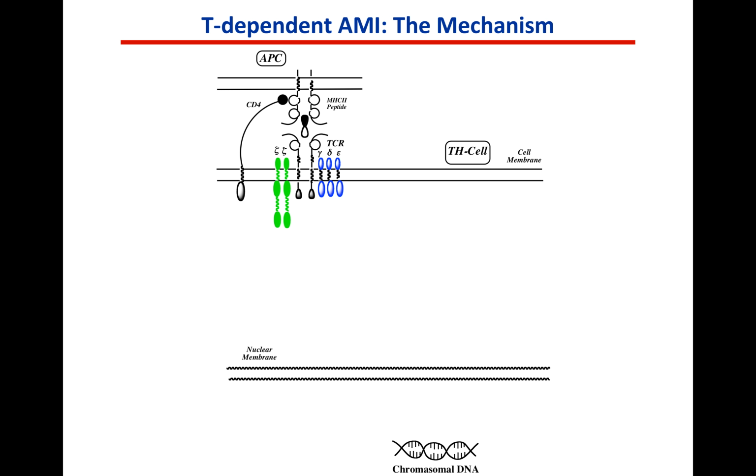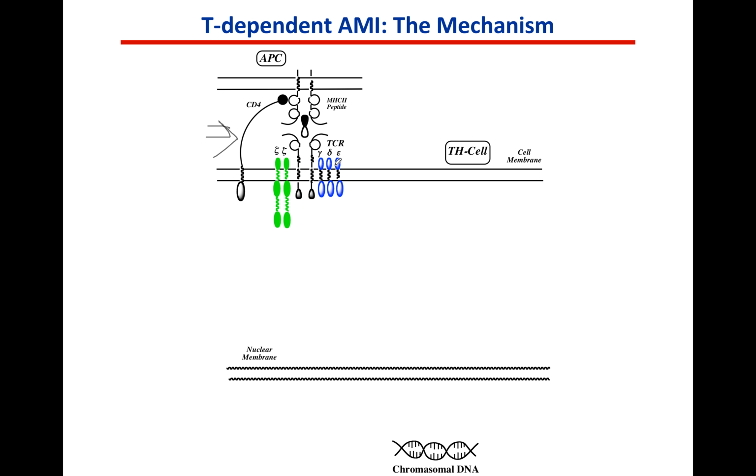If we look at what happens in the cell, at the interaction between the cells here: the T cell receptor, the MHC II peptide, and CD4, and then we have these interactions with CD3.